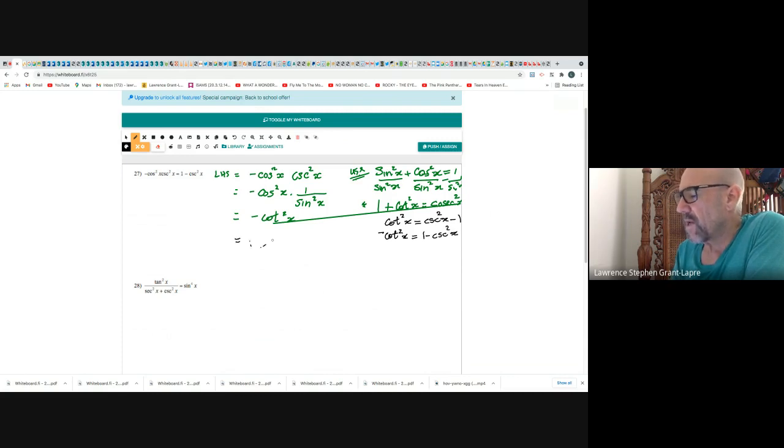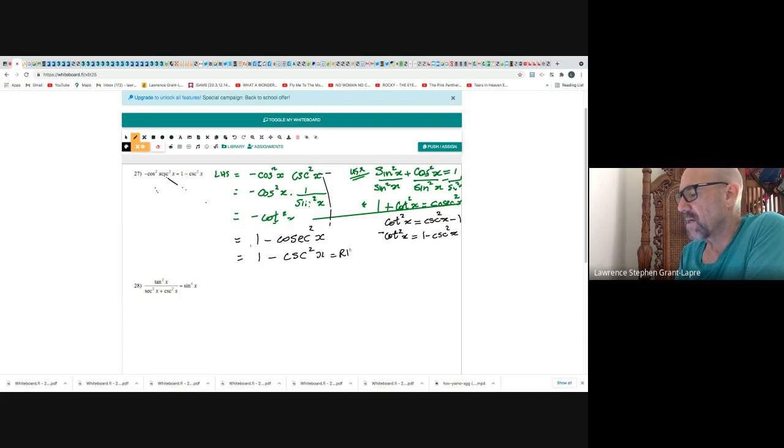So therefore, it equals 1 minus cosec squared x. And that's what we wanted. 1 minus cosec squared x. Except they've written cosec squared x like that.